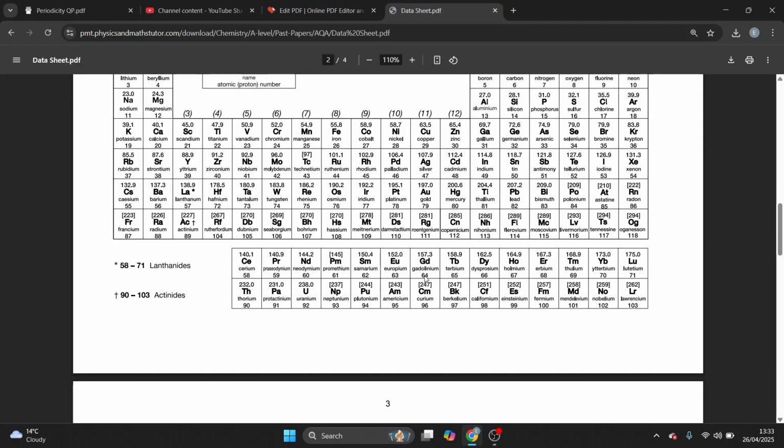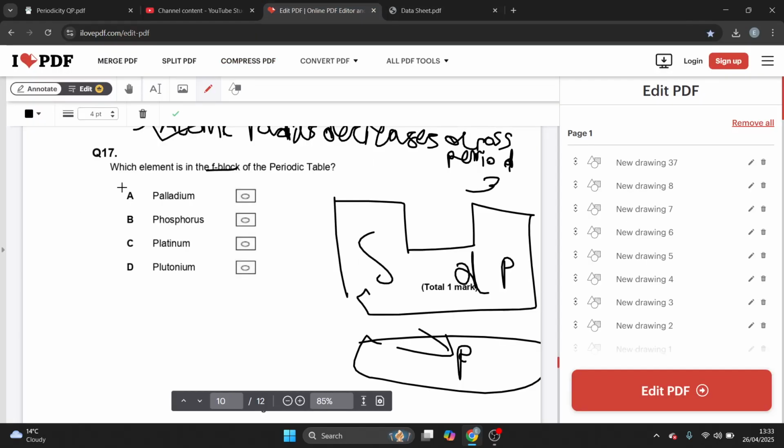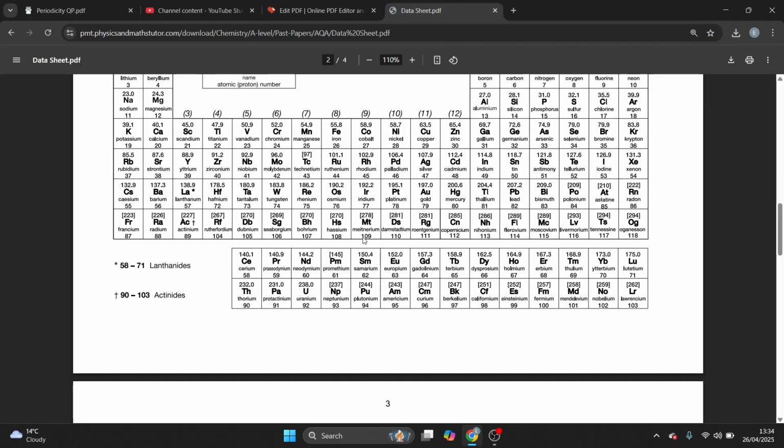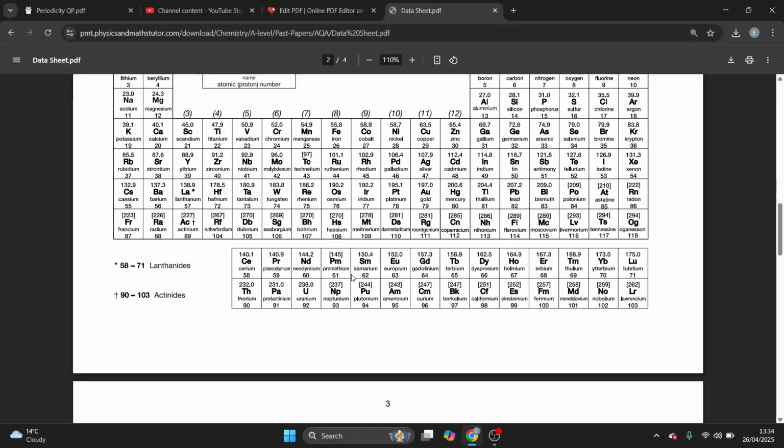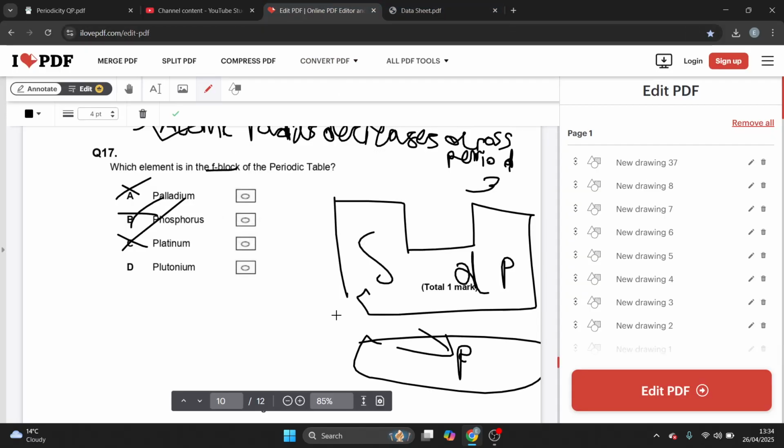Is it in the F block? No, it's not. Phosphorus, definitely not. Platinum, no. Plutonium. It must be plutonium, and there we go. I can spot it as well. So that is the key skill.